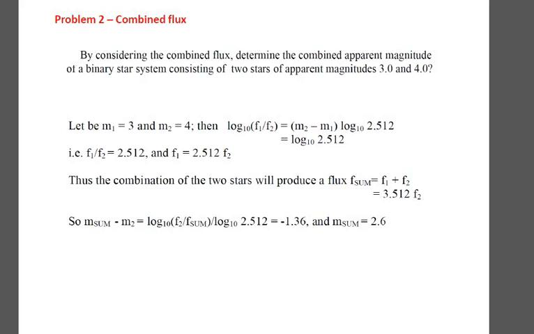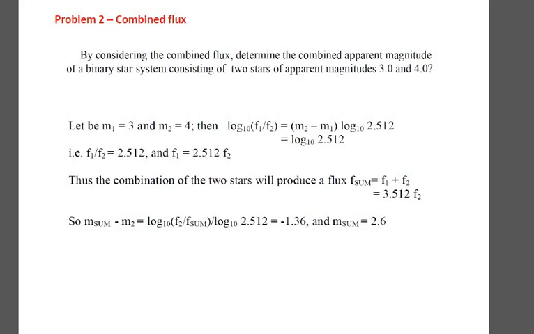And so let me now talk in terms of the sum of the two stars, combined flux. So the combined flux will be the sum of them, which comes out to be 3.512 F2. And again, using the normal relationship with respect to the second star, we can get this value.